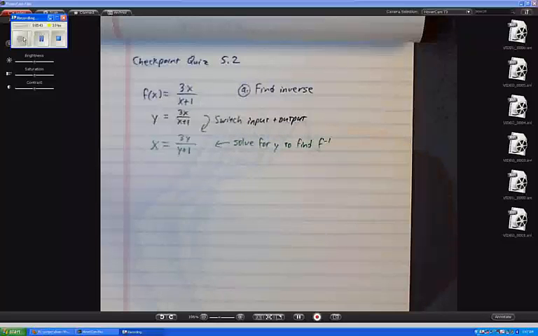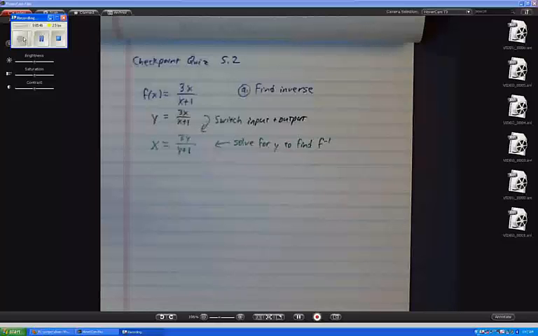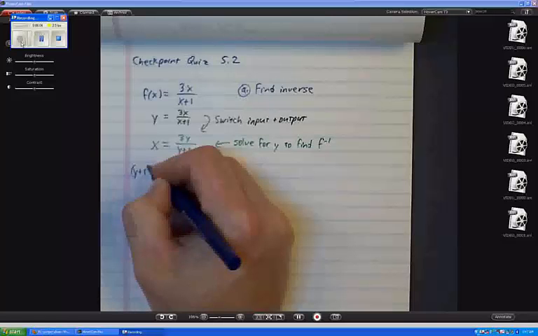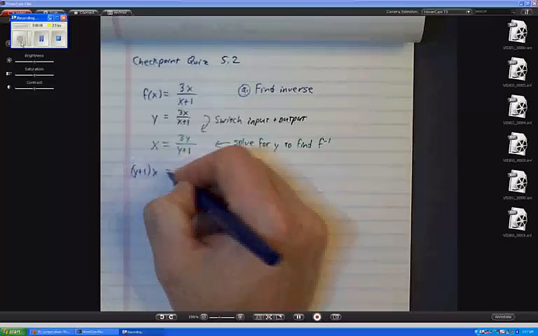All right, so I want to solve for y. So let's see what I get. Oh, how do you solve for y with an ugly equation like this? Actually, I'm going to pause and let you talk to someone next to you about that for 30 seconds. You know, I'm going to do it anyway, though. I'm going to multiply both sides by y plus 1 and just see what happens here.